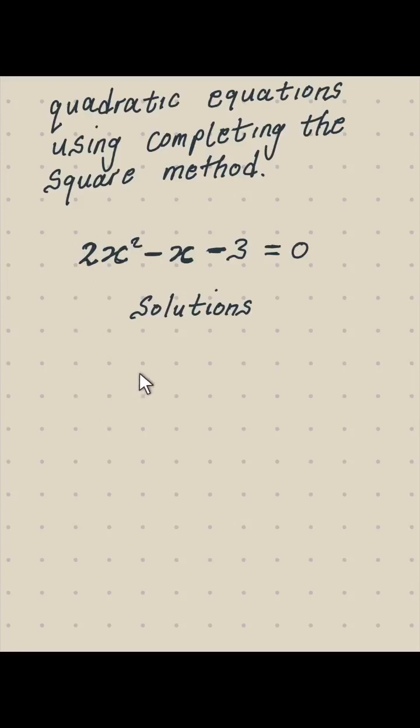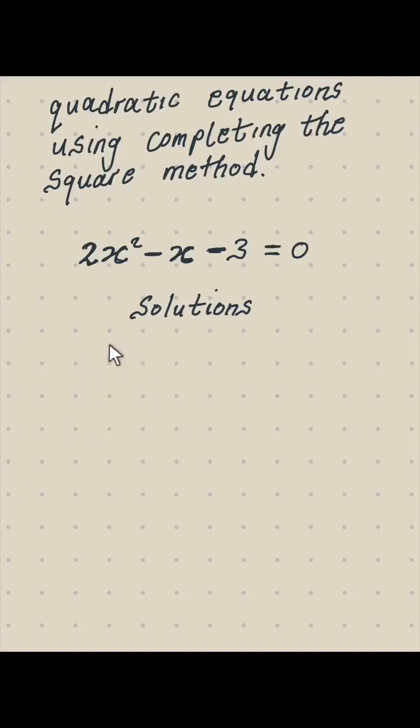Once you find that it is not 1, just know that you have to make sure that the coefficient is 1. It can't be less than 1, it can't be more than 1, it must be only 1. So you have to make the coefficient equal to 1.